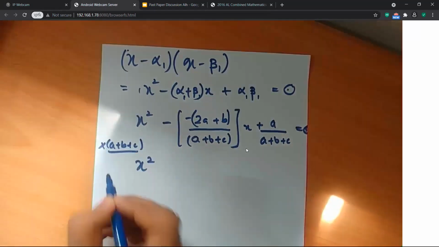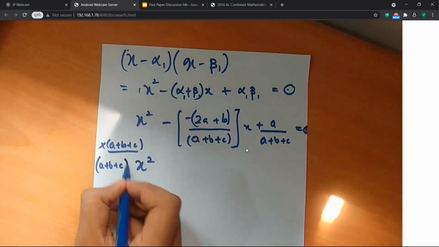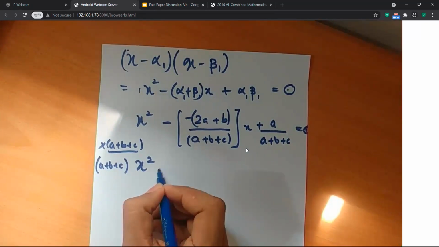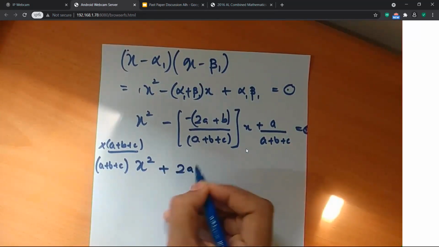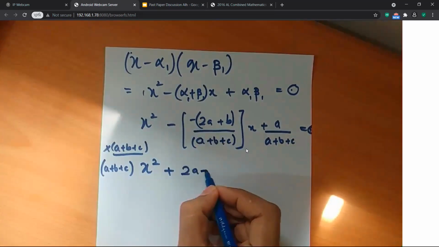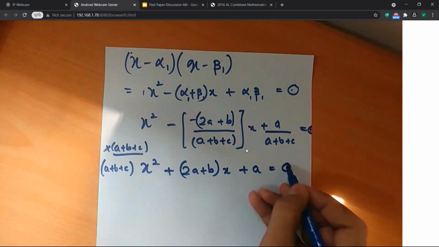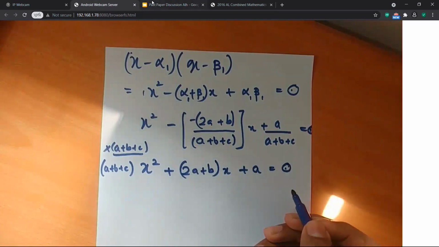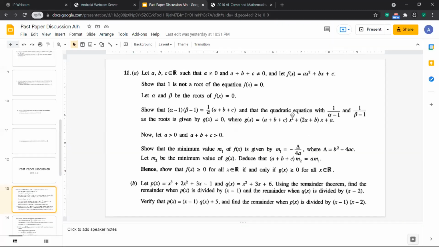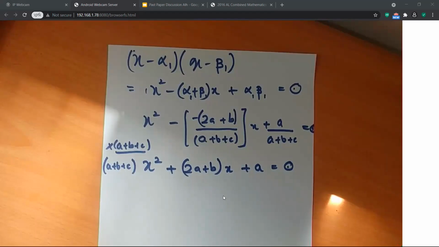So it's a plus b plus c times x squared, plus, since minus into minus becomes plus, 2a plus b times x, plus a, is equal to 0. This is the answer. g(x) is equal to this. Any questions? Okay, let's move on to the next part then.